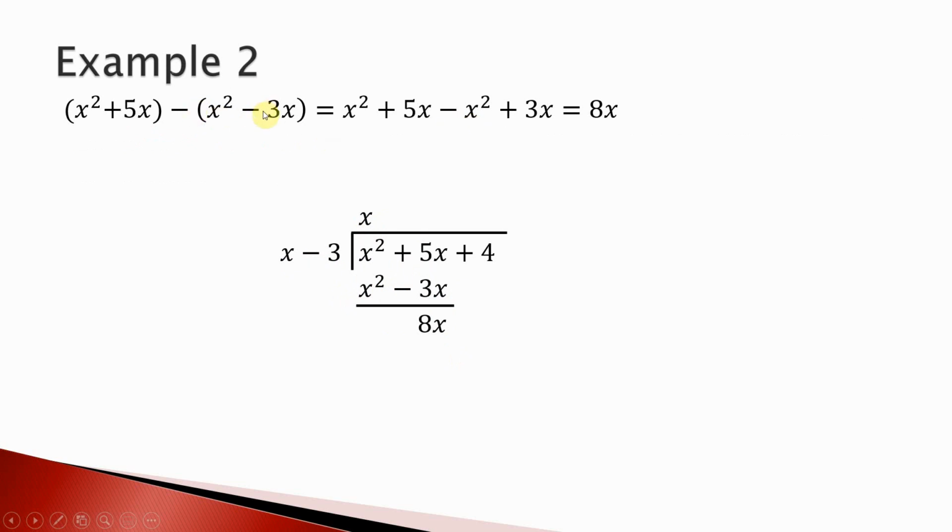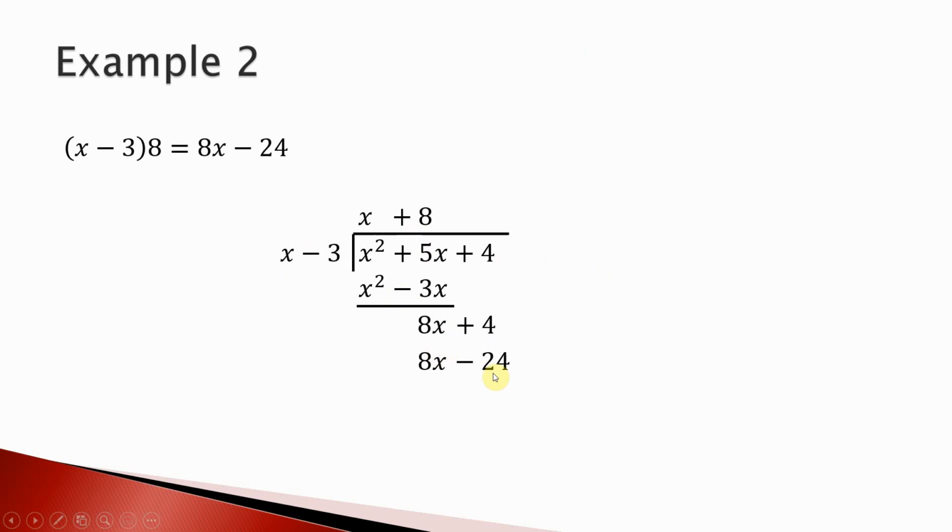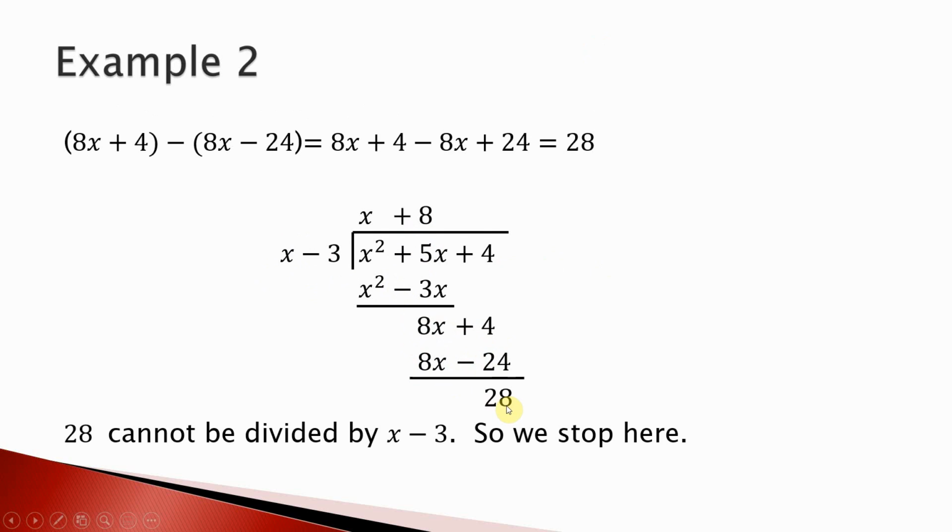So this FOIL method and taking out factors and taking them in is very important in this course, and throughout mathematics. So you have 8x, and bring this down, you have 8x plus 4, divide 8x by x, you get 8, write it here, you get 8x minus 24, subtract, this becomes positive, they add, this will cancel, you get 28 as the remainder.